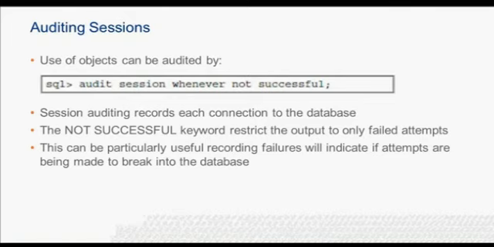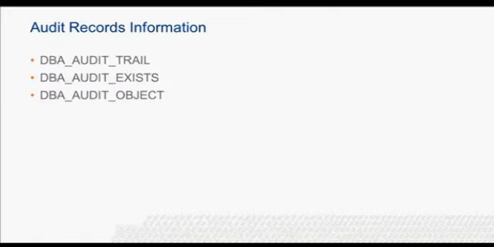The DBA can check the audit trail and see whether an attempt at a security breach has been made. These are some data dictionary views from which we can get information about audited objects, audit trail files, and sessions which are being audited.